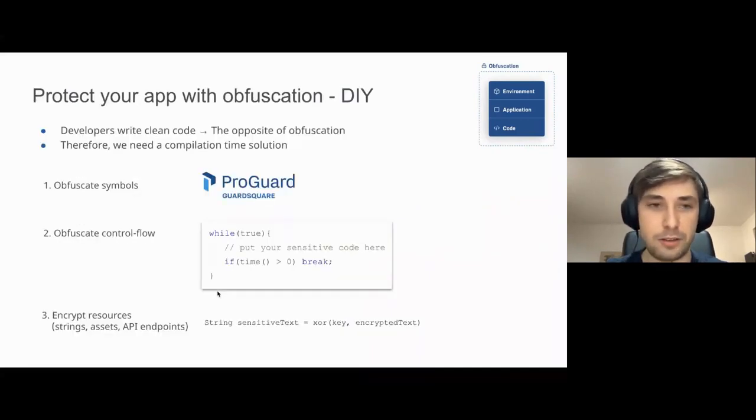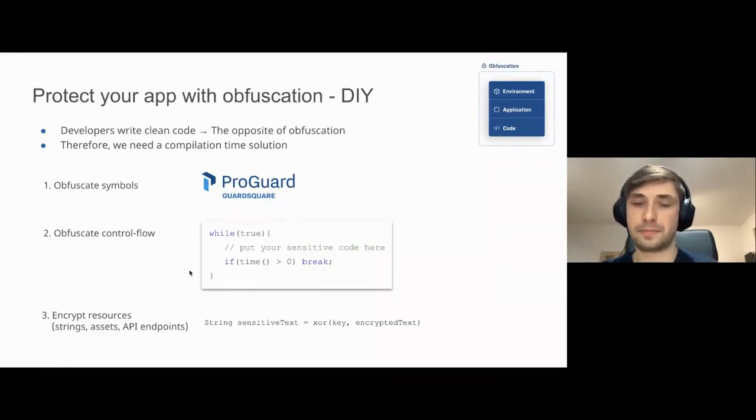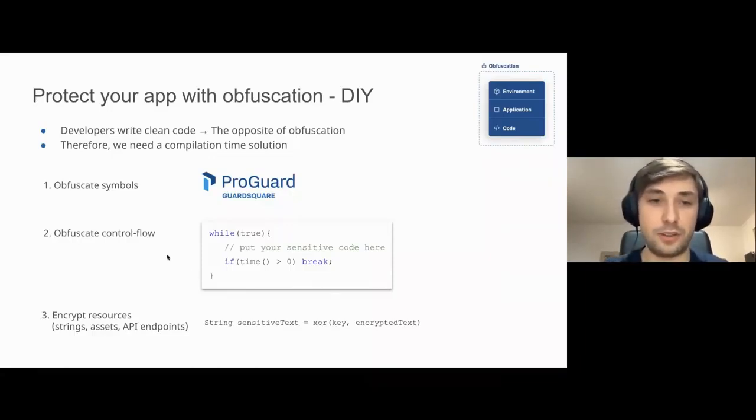And right now, I'll show you how to protect your app with obfuscation on your own. So, firstly, developers should write clean code, and obfuscation is about the opposite. Obfuscation is actually about writing ugly code. It's about choosing wrong names.